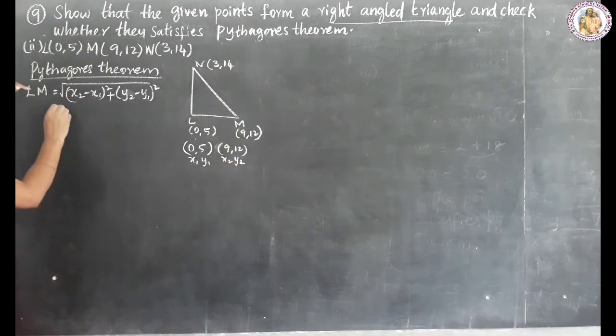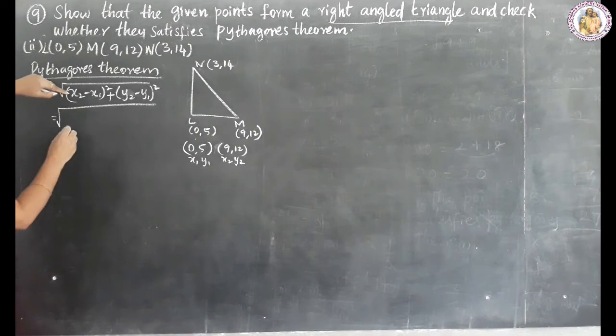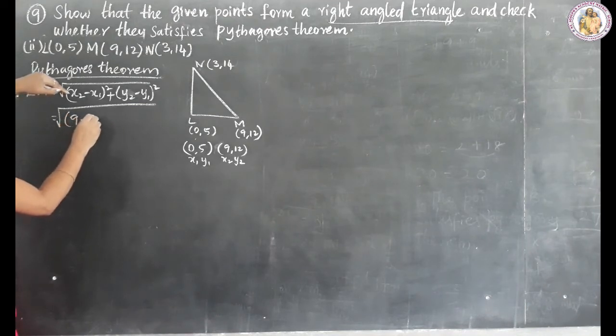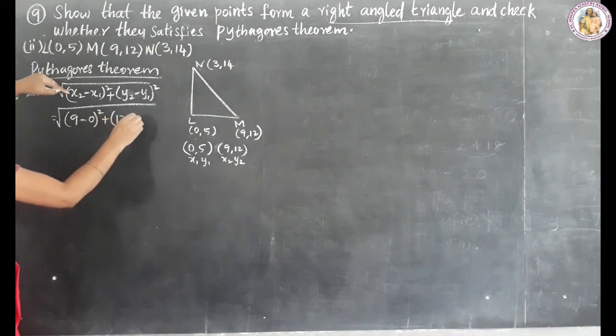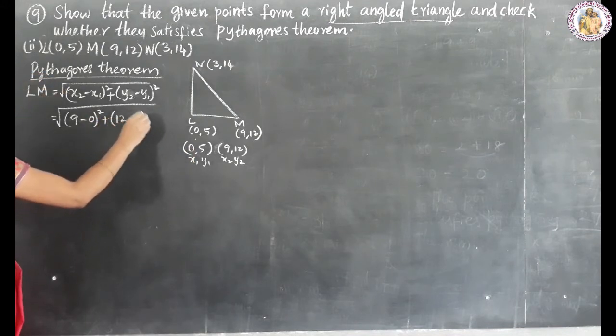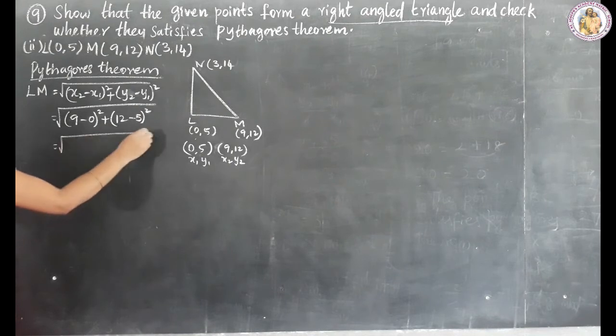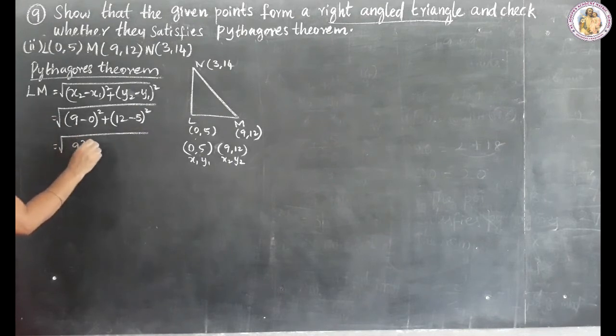Square root of x2, 9 minus x1, 0, whole square plus y2, 12 minus y1, 5, whole square, is equal to square root of 9 square plus 12 minus 5, 7 square.